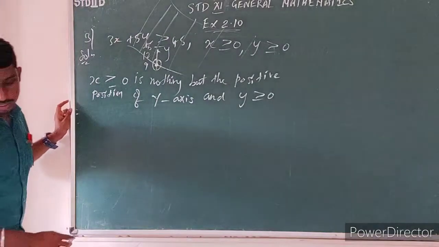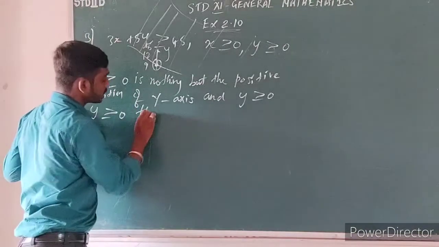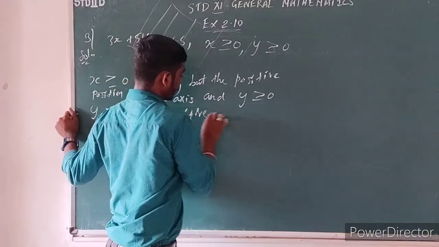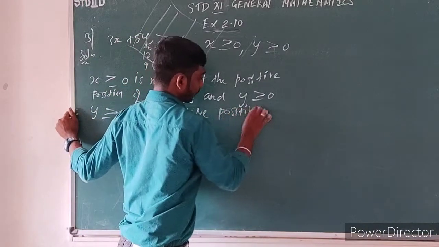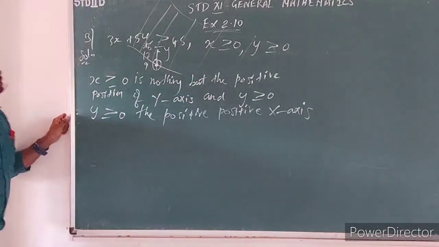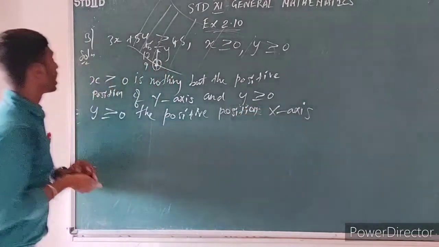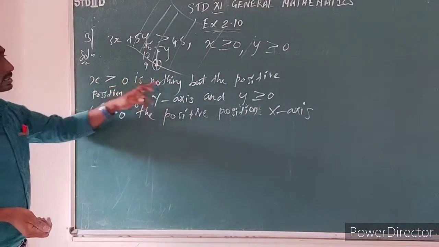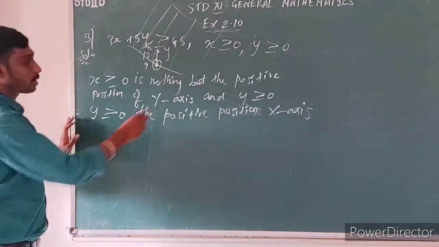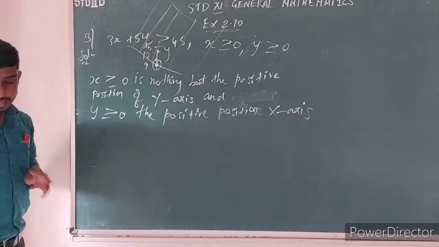Then what is the condition? You have to write like this. Y greater than or equal to 0 means the positive portion in the x axis. If x is greater than or equal to 0, it is the positive portion of the y axis. If y is greater than or equal to 0, the positive portion is plotted in the x axis.